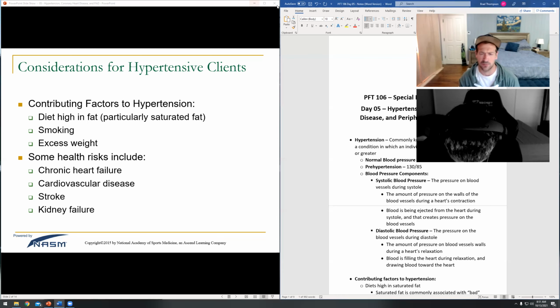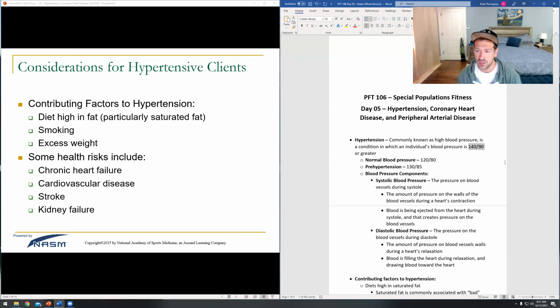That's millimeters of mercury, technically, is what the mmHg stands for. But ideally, we want it to be somewhere around here. If we see our client regularly at something like this, that's showing that they may be on the road to hypertension.